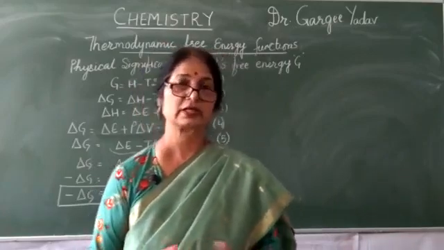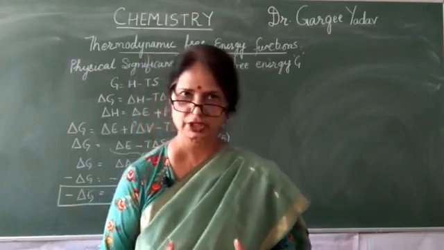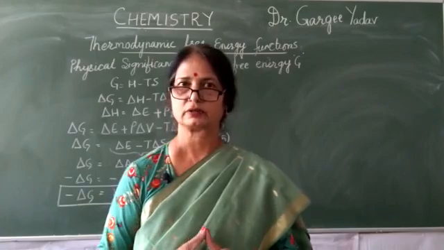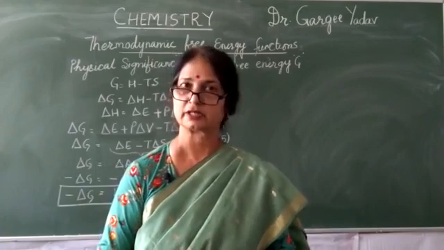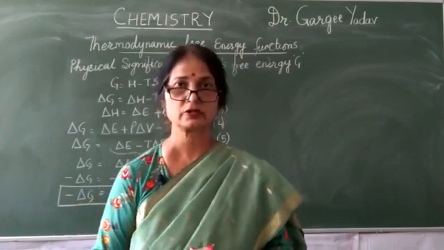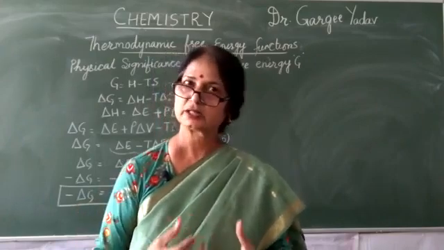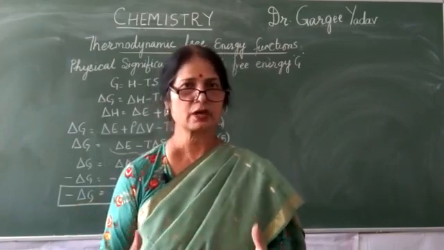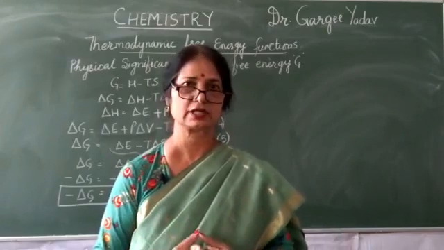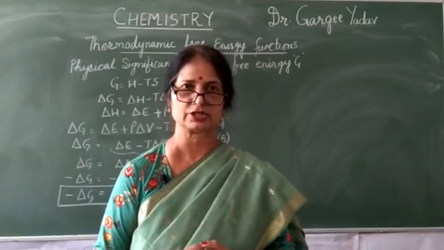Moreover, the other thing we can say is that entropy change is a criterion for the spontaneity of a reaction, means that the reaction will be feasible if the entropy is increasing. But there are so many processes where entropy decreases, still the reactions are feasible. Now comes into play the Gibbs free energy, the decrease in the Gibbs free energy.